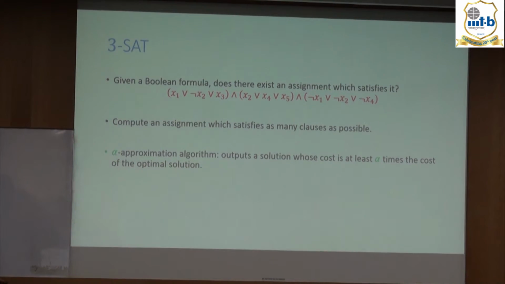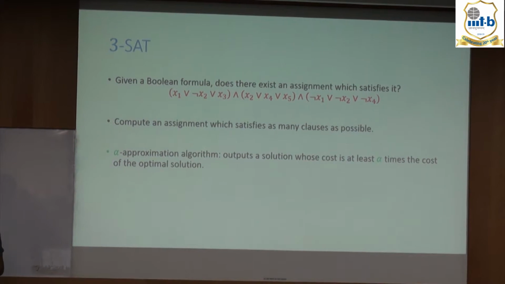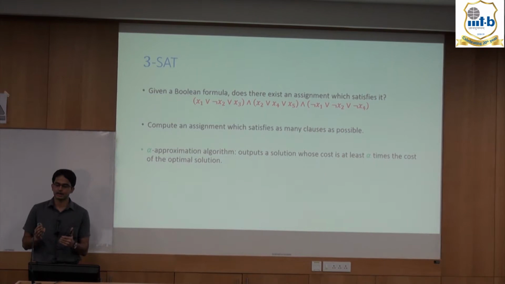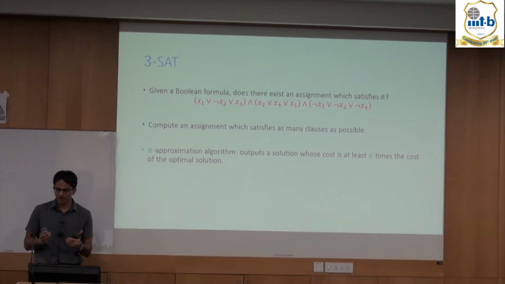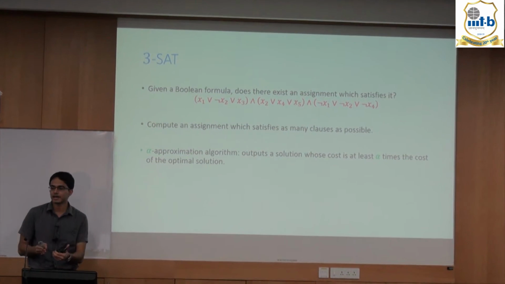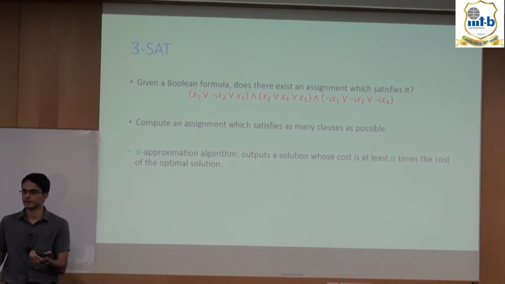To make this formal, we'll say that an algorithm is an alpha approximation algorithm if it guarantees that it will output a solution which satisfies at least alpha times as many clauses as the optimal solution would satisfy.